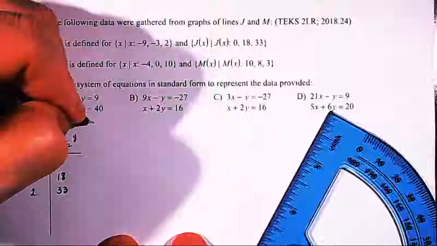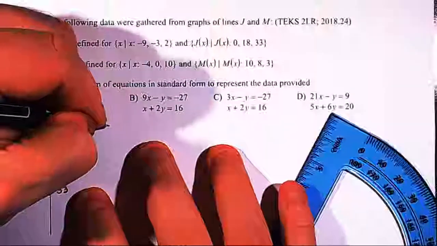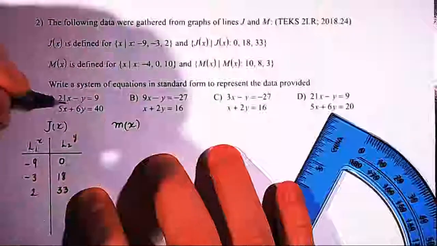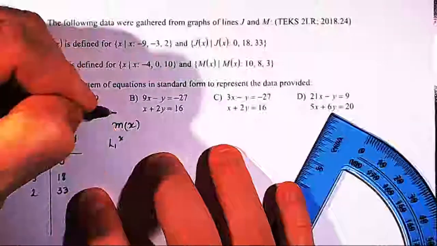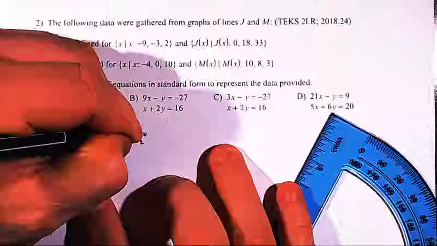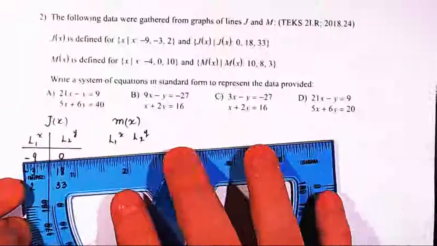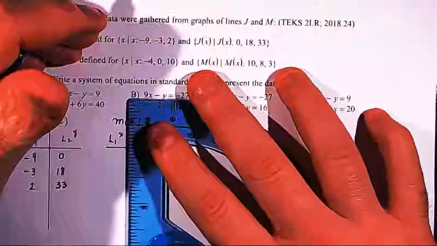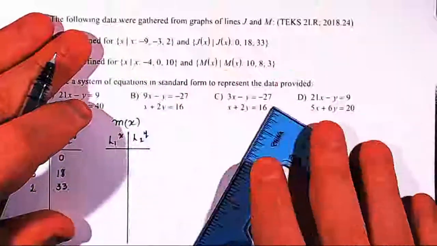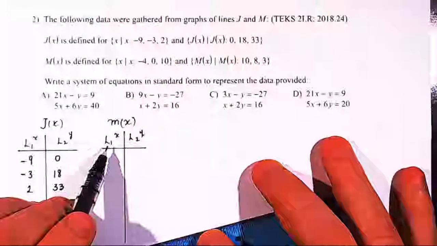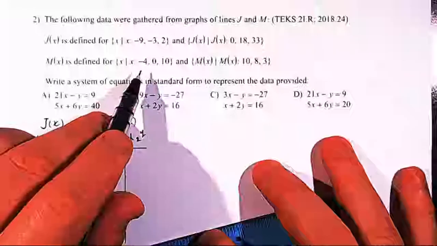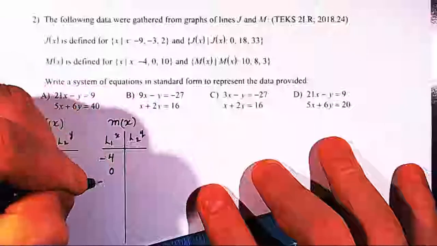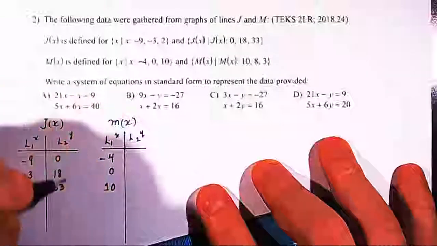Okay, so now we will do the same thing for M of X, just so we know what we're going to be doing. And we have L1 X and L2 Y. Again, we'll make a little table here. And then for M of X, the X values are -4, 0, and 10.